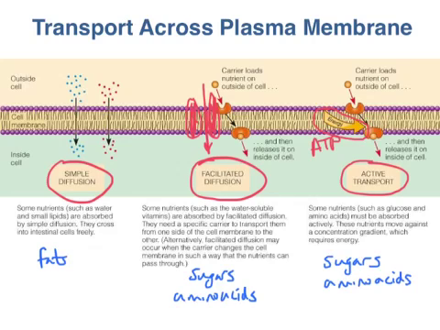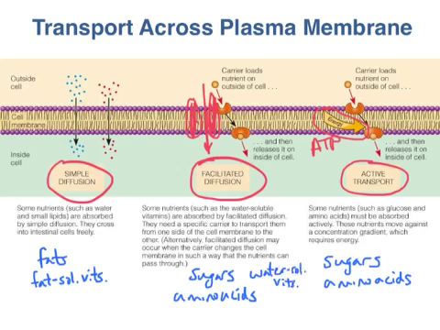Fat-soluble vitamins diffuse across in lipid droplets. So with vitamins, there are both vitamins that dissolve in fat and vitamins that dissolve in water. Fat-soluble vitamins are taken up by simple diffusion. Water-soluble vitamins are mostly taken up by facilitated diffusion. Mostly.